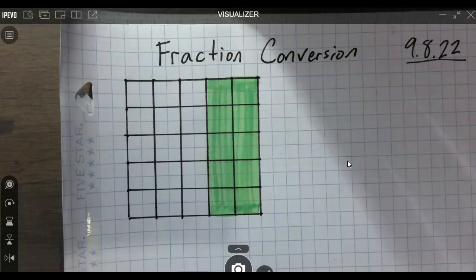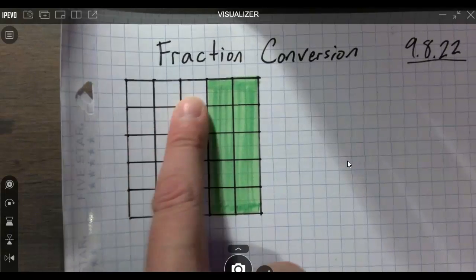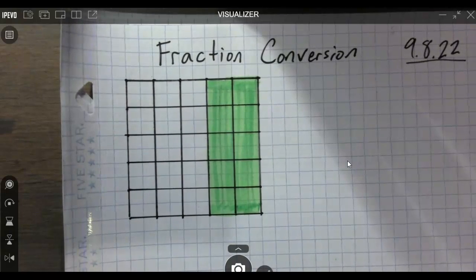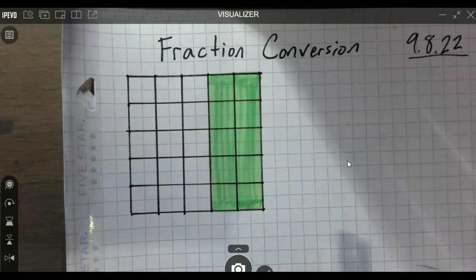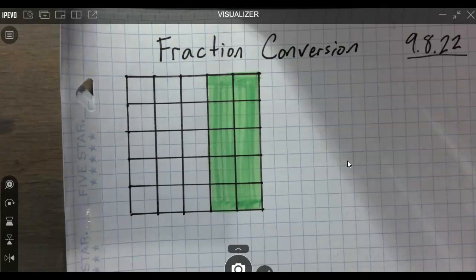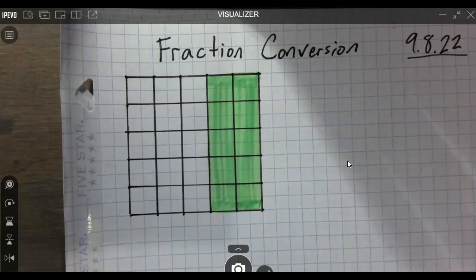So, Christian, what does this show? Like, how many are shaded versus how many total? And guys, if you want to draw this, my advice is grab a ruler, get yours out, or get one from the back. You don't have to draw this, but if you want to, it would be beneficial. Christian, what's this show us? There's 15 unshaded and 10.